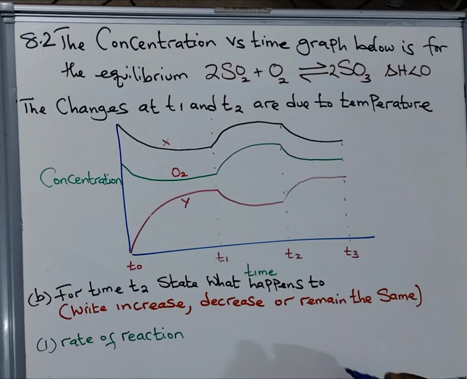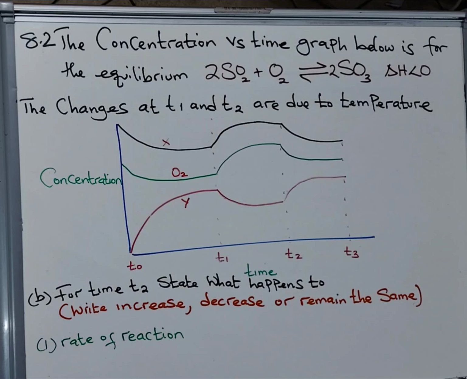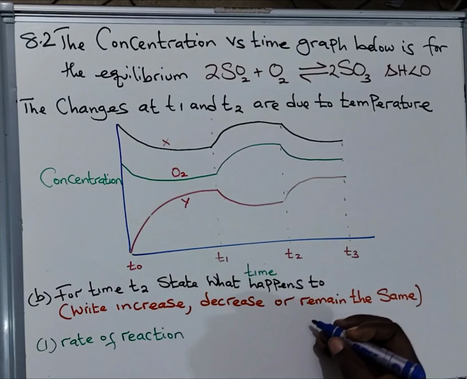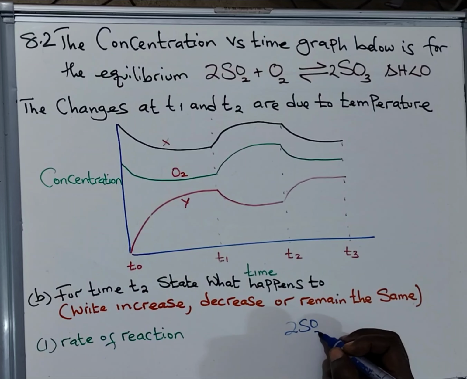The best approach here is to find out whether at T2 temperature increased or decreased, because we need to know that increase in temperature increases rate of reaction, and the decrease in temperature decreases the rate of reaction. So to predict that, you need to rewrite the equilibrium.